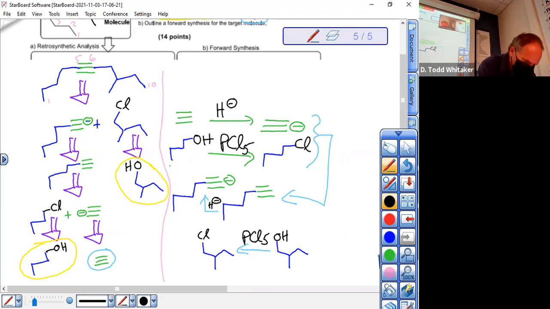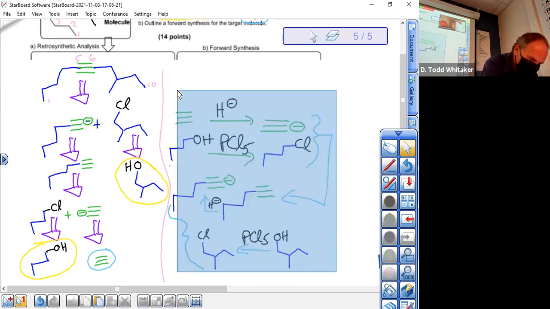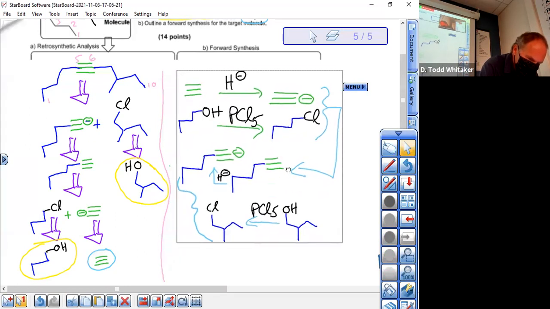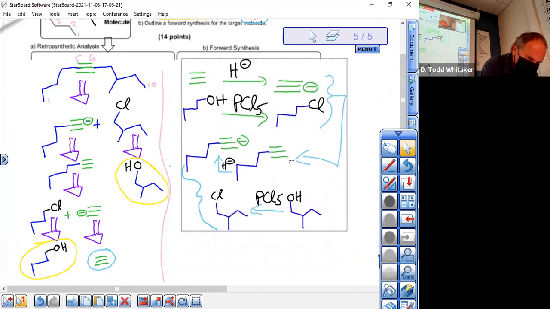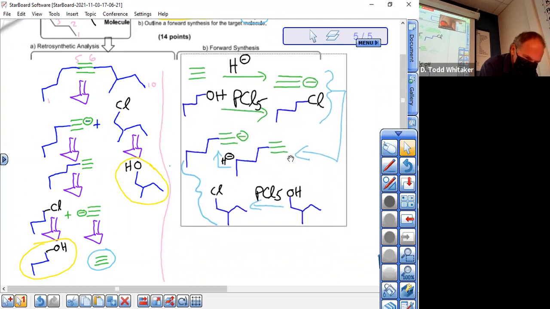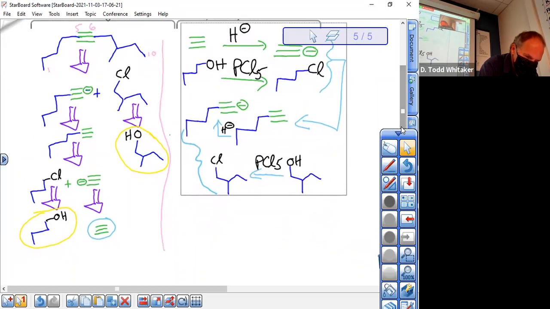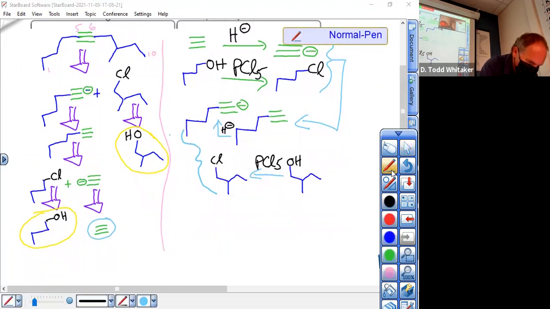So get my parentheses going here. This guy needs to meet up with this guy. And now I'm gonna move everything up. If I'm lucky. I was lucky. Just so I can draw that molecule and see it on the retro side at the same time.